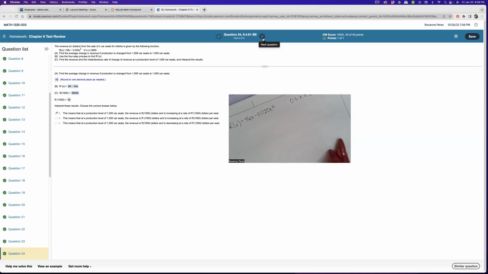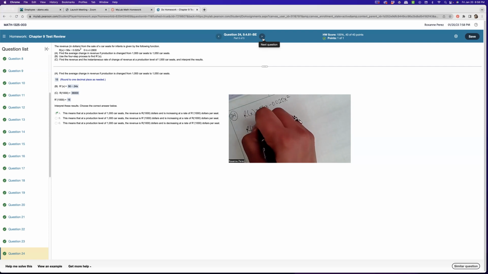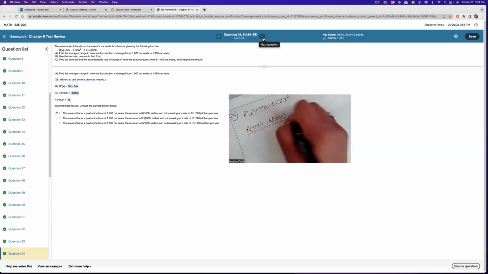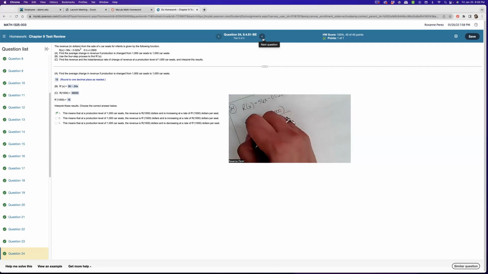Okay, so all it's essentially telling you is you want to find revenue at 1,050 minus revenue at 1,000 and divide it by 1,050 minus 1,000.